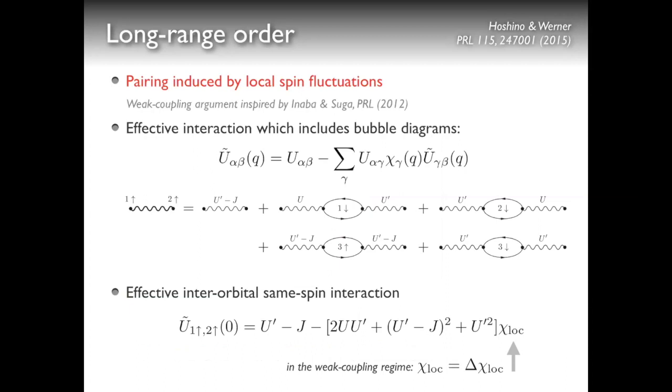And then we see that to leading order, we have the bare interaction U prime minus J, and then minus some positive term times the local spin susceptibility. And then in the strongly correlated regime, we would want to replace this local spin susceptibility by the dynamical contribution to the local spin susceptibility. And then we can at least hand-wavingly explain why an enhanced local spin susceptibility leads to an attractive interaction between same spin electrons in different orbitals, and therefore to pairing.